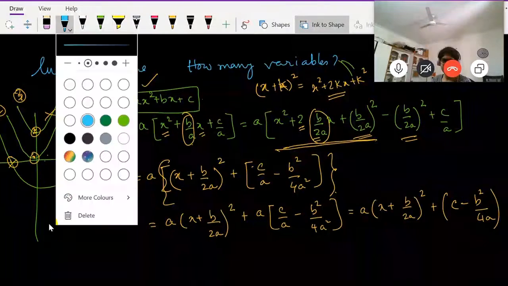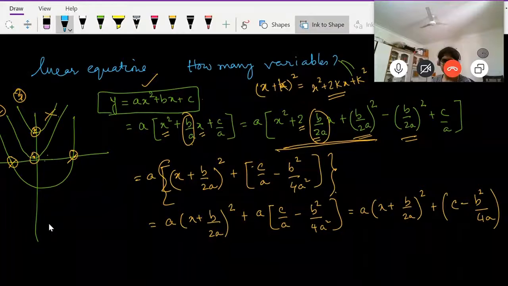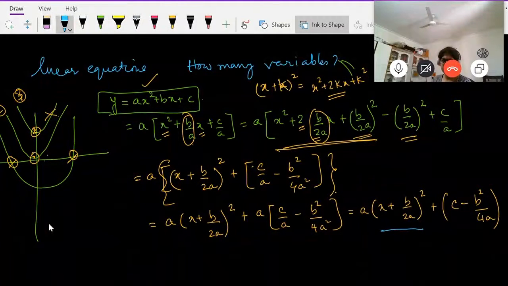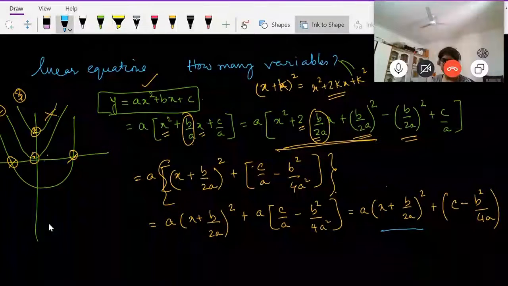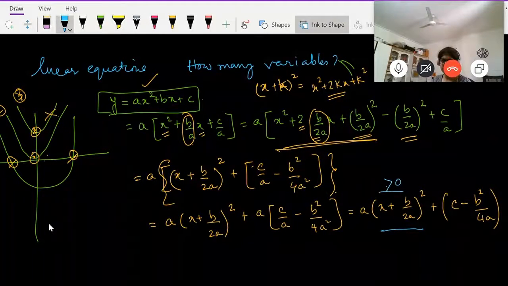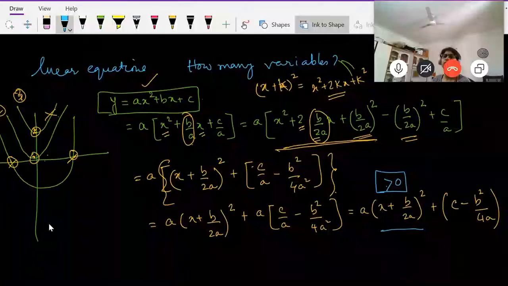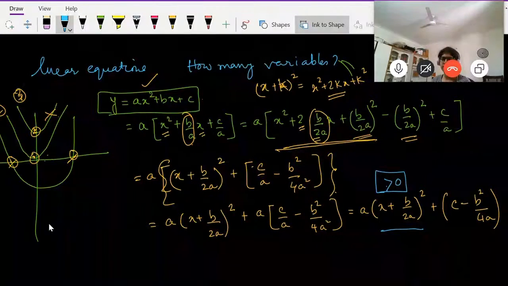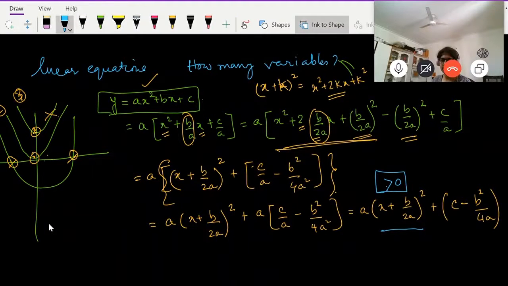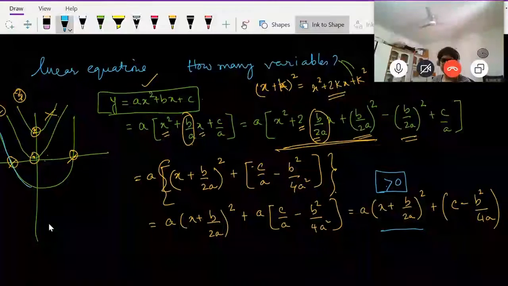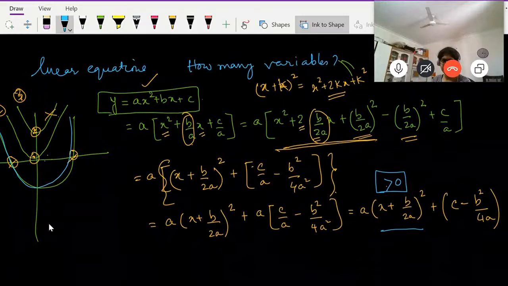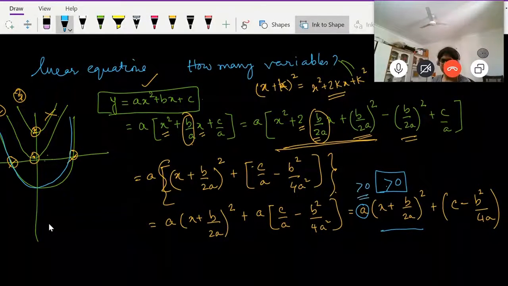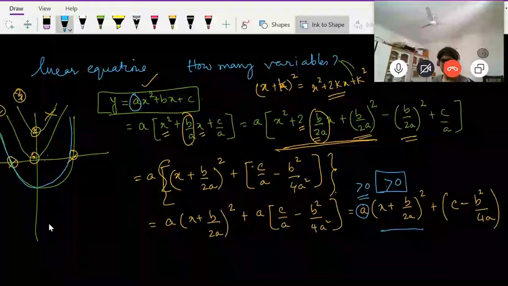For any value of x, x plus b by 2a whole square will always be greater than or equal to 0, right? Square term, right? And I'm considering the curve like this. Okay, so a is positive, a is greater than 0. The coefficient of x square is greater than 0.